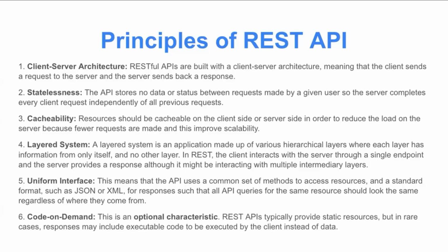Another principle is cacheability, which basically means that resources should be cacheable on either the client or the server side, so as to reduce the load on the server, so fewer requests can be made, and to help improve scalability.